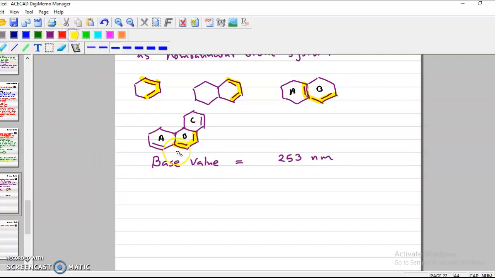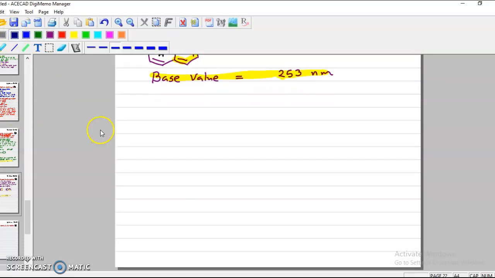So don't worry, you don't have to remember these values, but you should know that when homoannular diene system is present, you have to take base value as 253 nanometer. This is minimum.